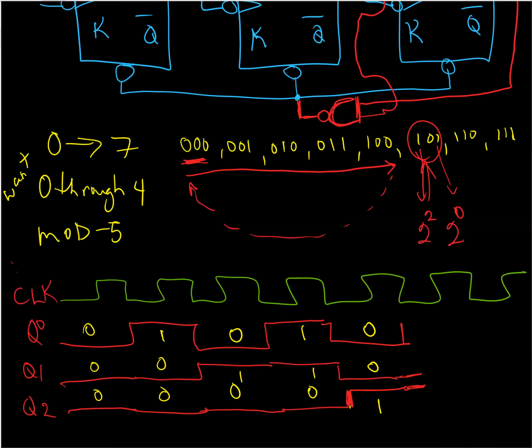When this one goes high, just for this brief tiny bit of time, we will have 1, 0, 1. Then what happens is we get the 1 and the 1 here on the NAND gate. That causes a 0 here, which forces the reset. So all the outputs are forced to 0.